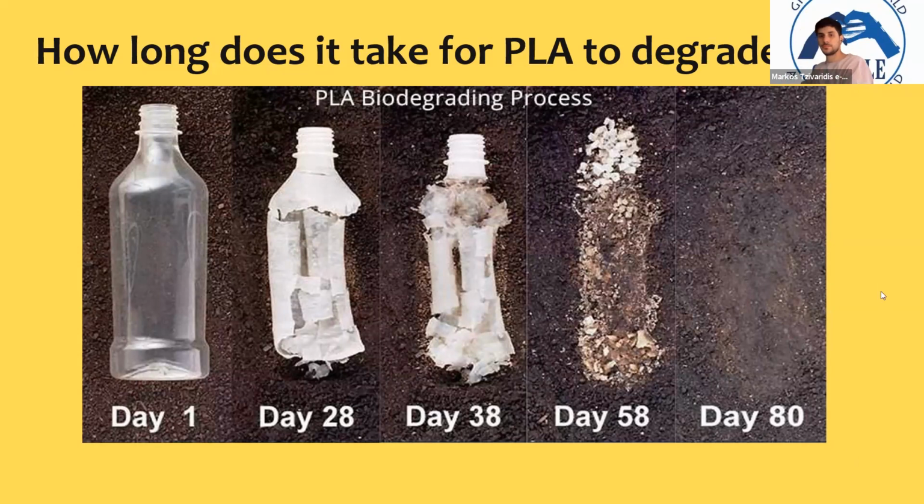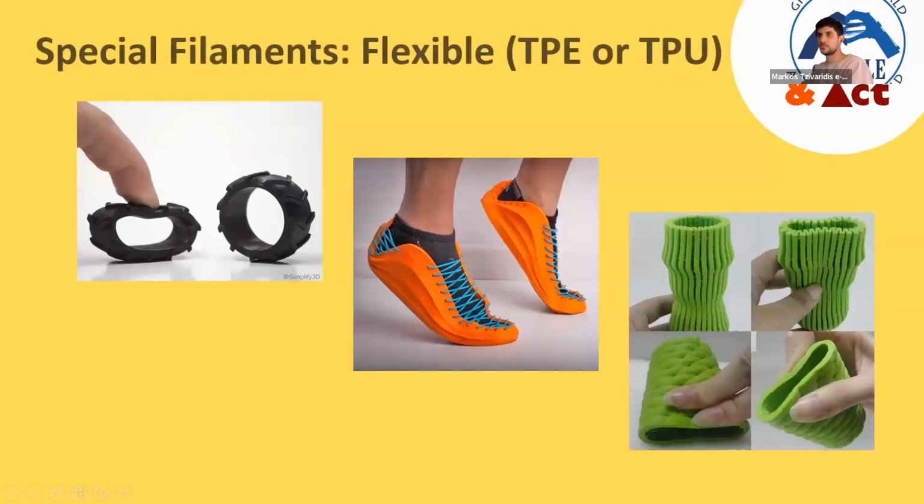All right. Let's talk a little bit about the special filaments. Now, as you can see, these are some flexible filaments. They're commonly referred to as TP or TPU, and they are known for their elasticity, allowing the material to easily stretch and bend.